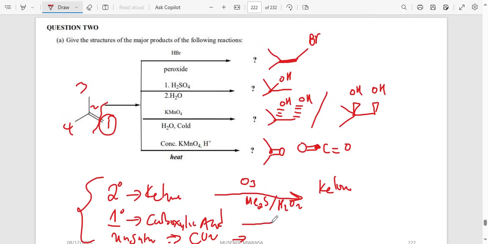But when you're using something that is primary, ozonolysis, if you use dimethyl sulfide, you are going to end up with an aldehyde. But it's different when you use hydrogen peroxide as a second reactant, you are going to form a carboxylic acid. So that is what you need to know about ozonolysis. But for potassium permanganate, you always form like that because it is a very strong oxidizing agent. Is that okay?